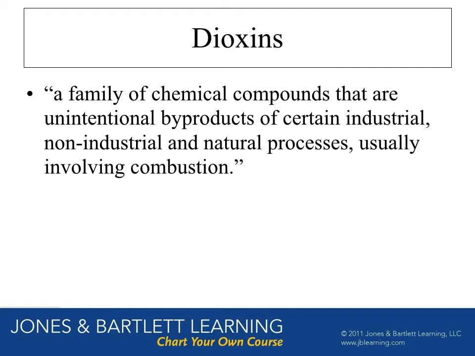In an industrial process, if you're heating something up to make a chemical reaction happen, and it gets heated incompletely, or there's just a leftover part of the process, it can form these compounds, especially when you're working with chlorinated compounds at high temperatures. These things can be produced. Why is that important to us? Well, because they've been linked, as trace amounts in a lot of different byproduct processes, to a lot of different cancers and reproductive effects.